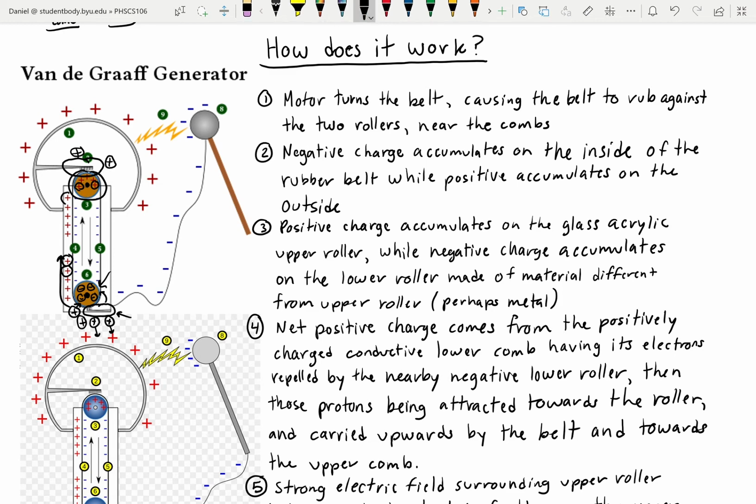And all these protons going up are being repelled because of this upper roller's net positive charge. And all the protons that are accumulating on the upper comb are also being repelled outwards towards the outskirts of the inside of the hollow metal sphere.